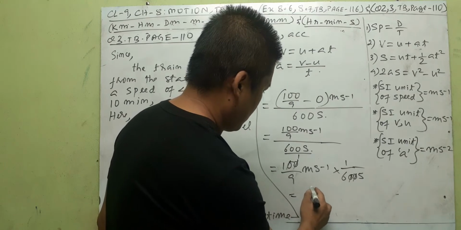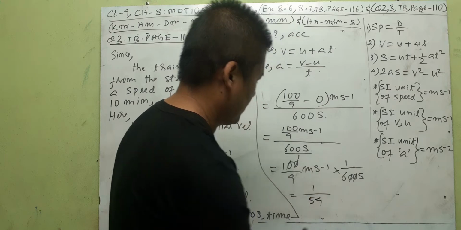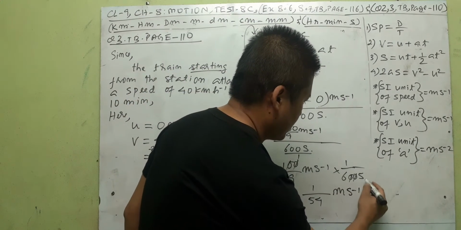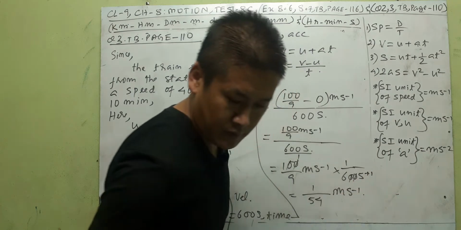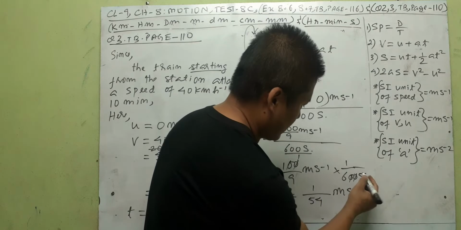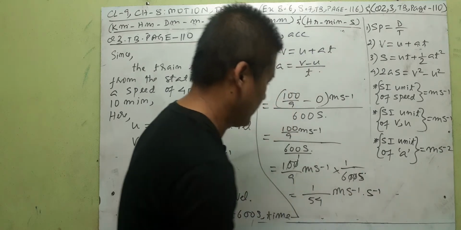So 1 is divided by 9, 6 are 54, right? And here meter per second into second to the power plus 1. If we bring it to the numerator, then this second will become second to the power minus 1 again.